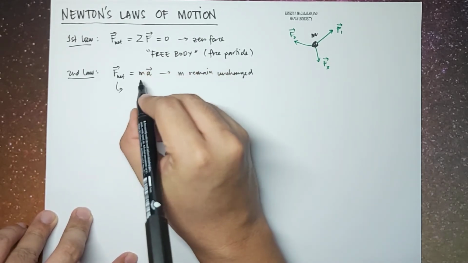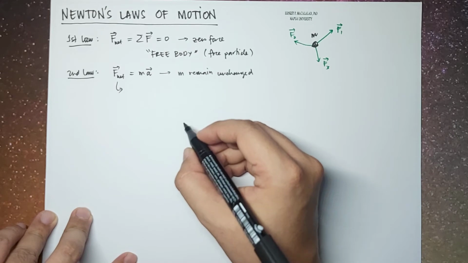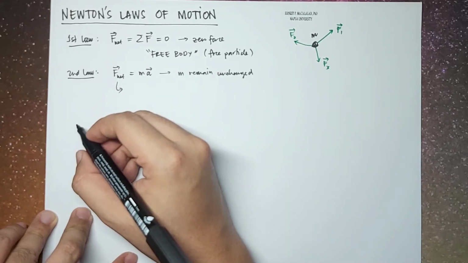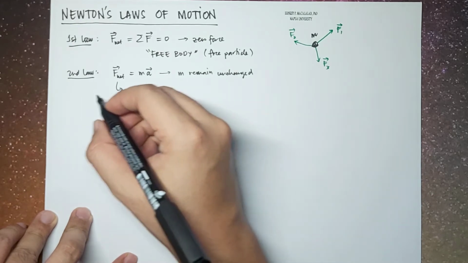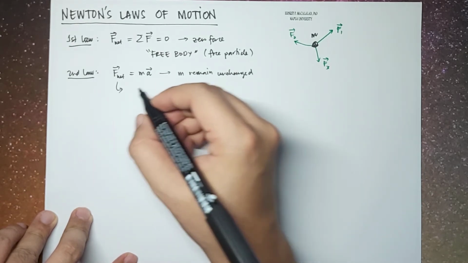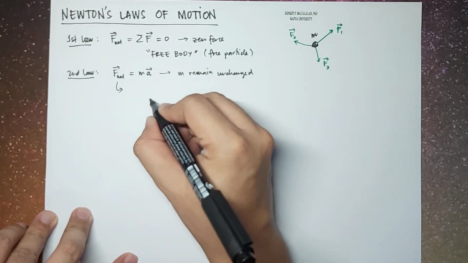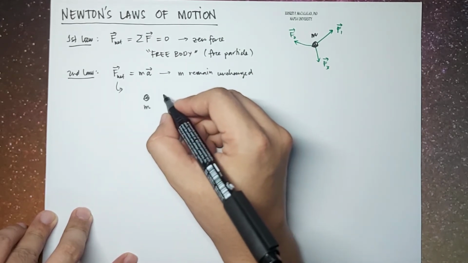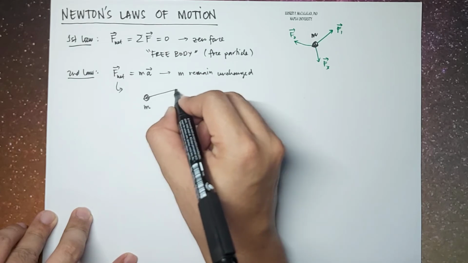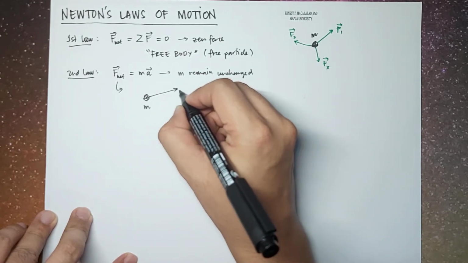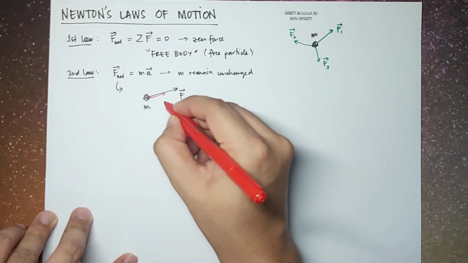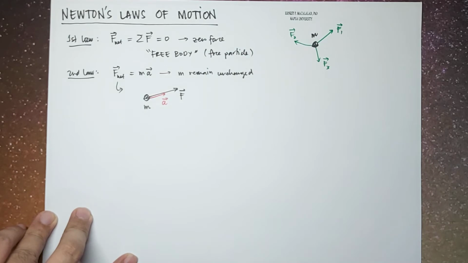And the direction of the particle's acceleration caused by the force is the same as the direction of the force that causes the motion. So for example, if this is your particle of mass m and the force is in this direction, the resulting acceleration will also be in that direction.